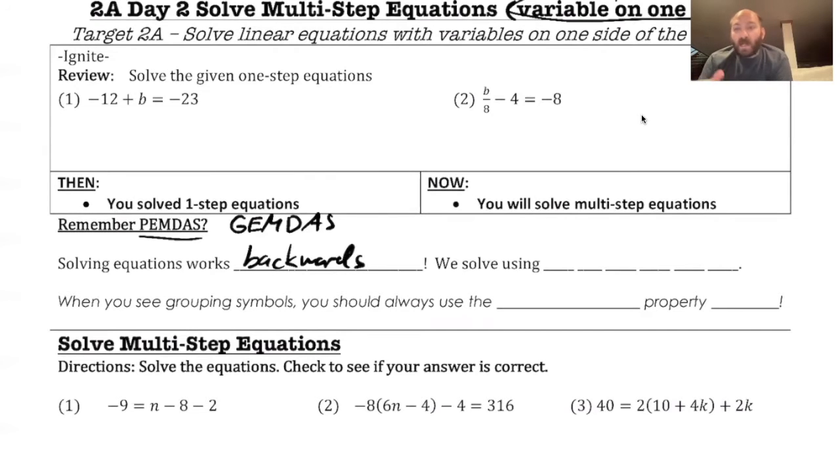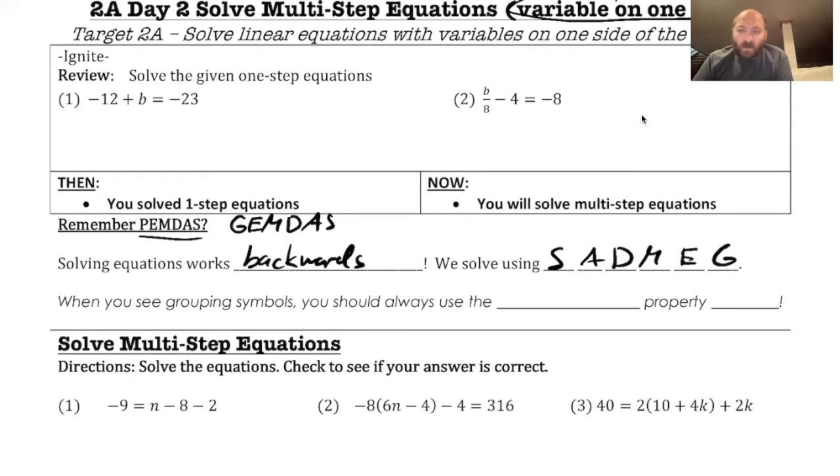Instead of doing the normal order of operations, GEMDAS or PEMDAS, we're actually going to do the opposite version of that. We're going to go SADMEG. So when you see grouping symbols, I kind of agree with this, but I'm going to show some examples where we don't.